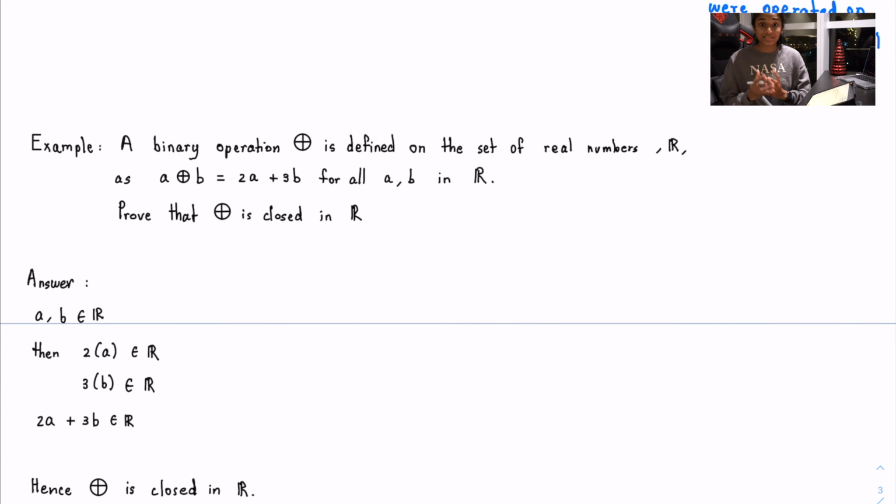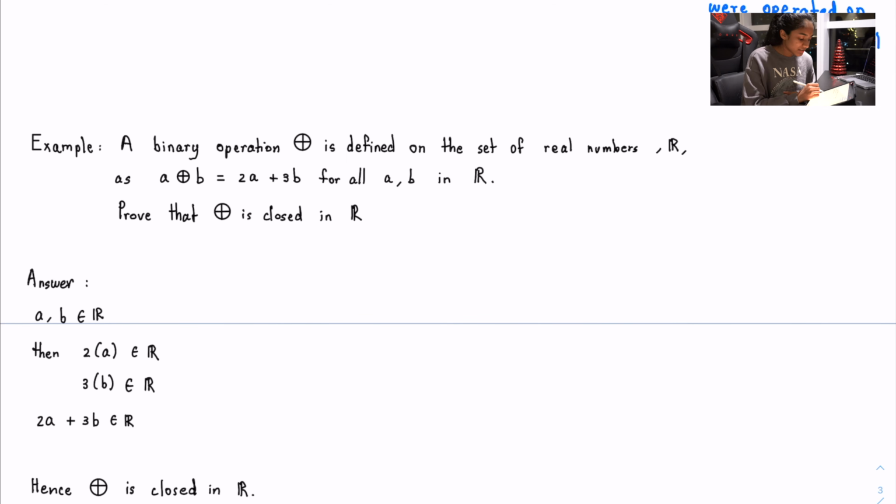So let's just say A was like 1, 5, 10. Okay, because remember, A could be any real number. It would still be a real number because it's just being multiplied. 3B, since B is also a real number, it would still be a real number if it was multiplied by 3. Okay?